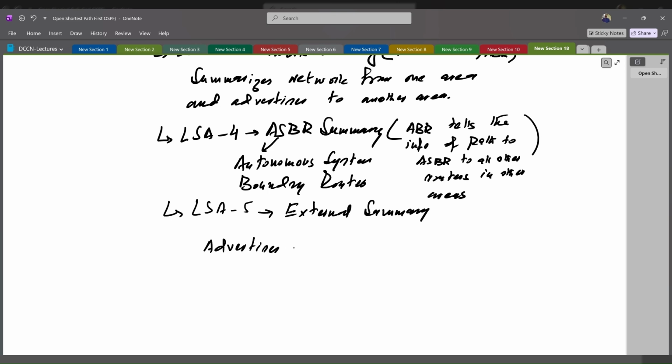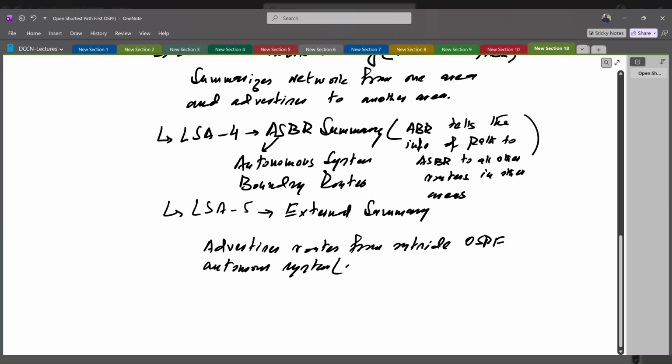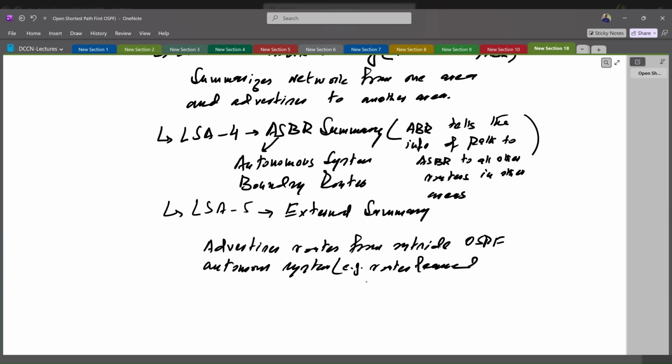For example, routes learned from BGP, border gateway protocol, or any other static routes.